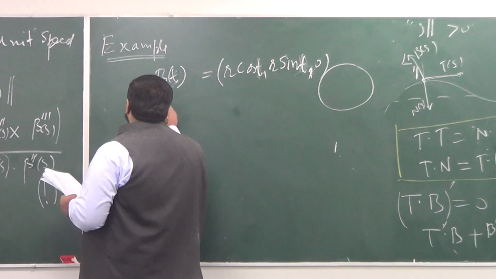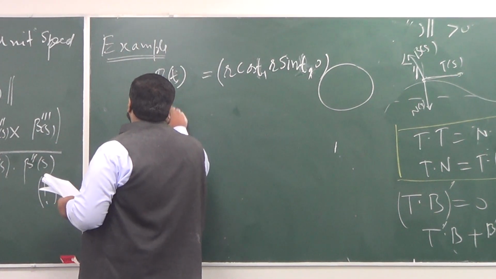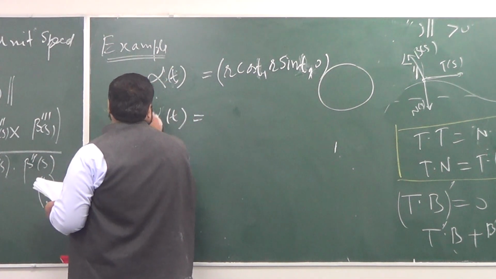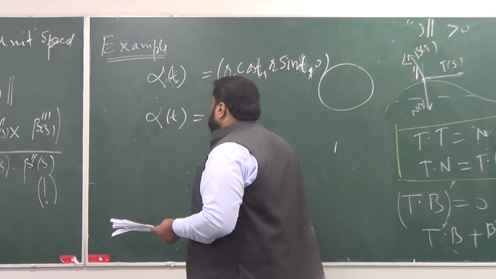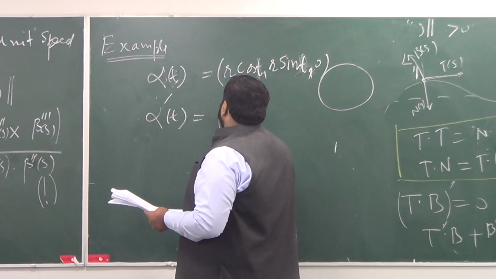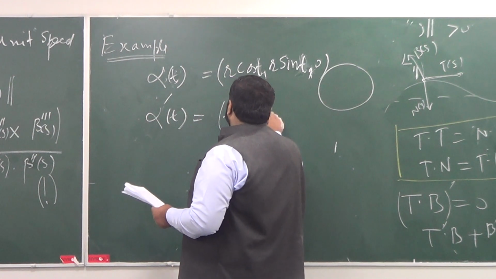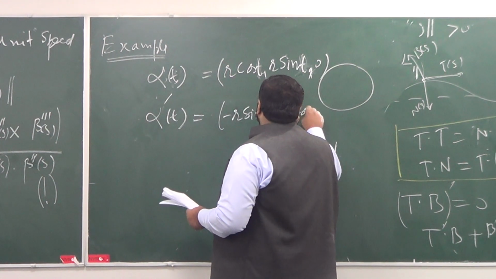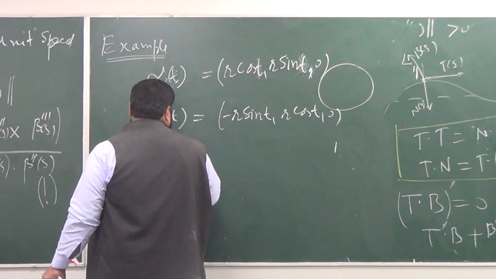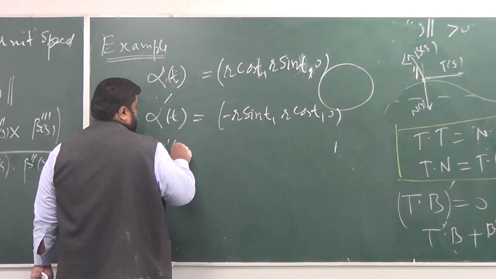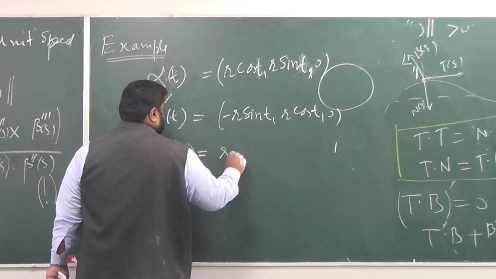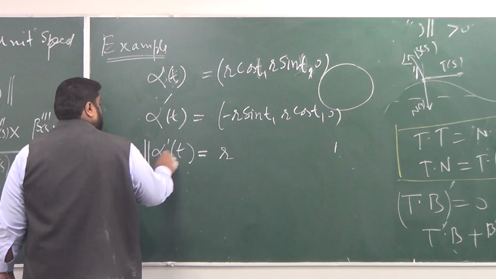For that I have to compute the derivative of alpha of t, and then beta will be the unit speed parameterization. So alpha prime of t is going to be minus r sin t, r cos t, 0. The magnitude of this is simply r.